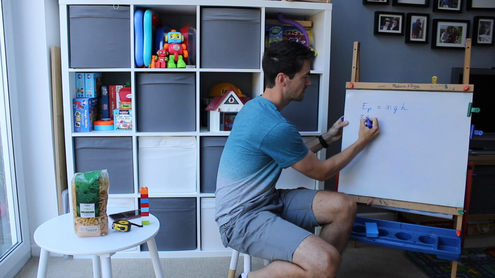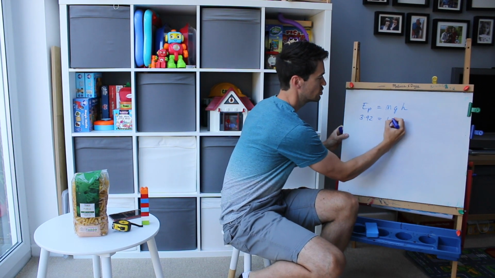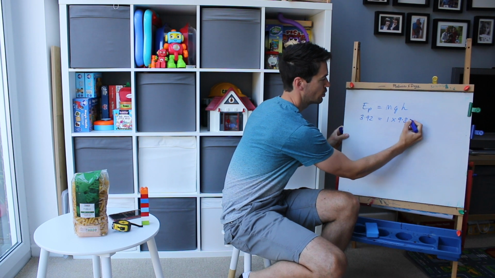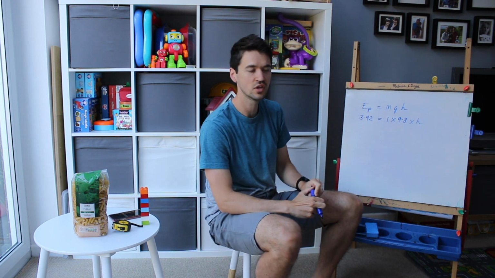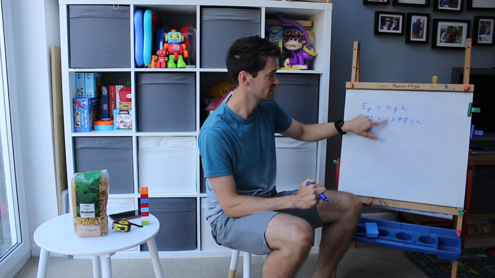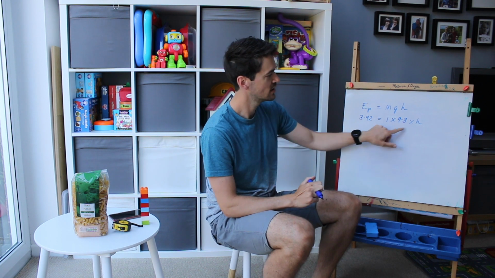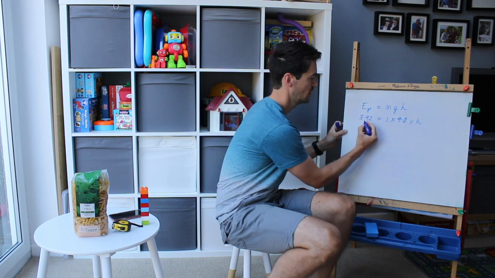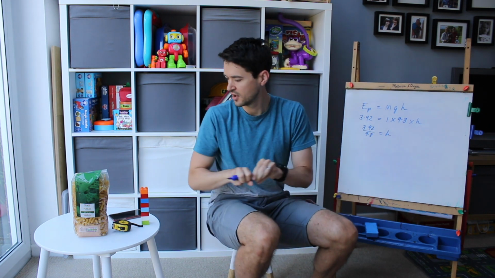This time, they've said 3.92 joules in the gravitational potential store. We've still got 1 kilogram. 9.8 is gravity on Earth, and therefore we've only got one unknown, which is h in our equation. We're going to divide by our 1, which is essentially just 3.92 still, and we're going to divide by 9.8 to get rid of this times 9.8. So we'll have 3.92 divided by 9.8 equals the height.